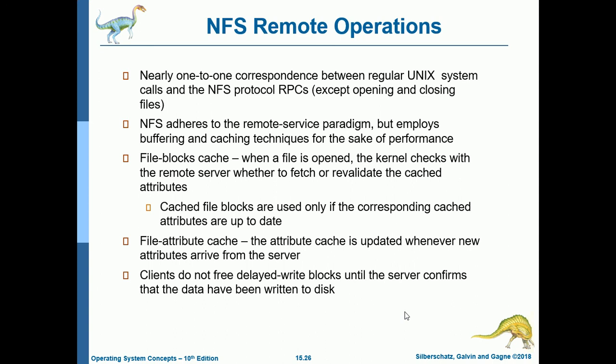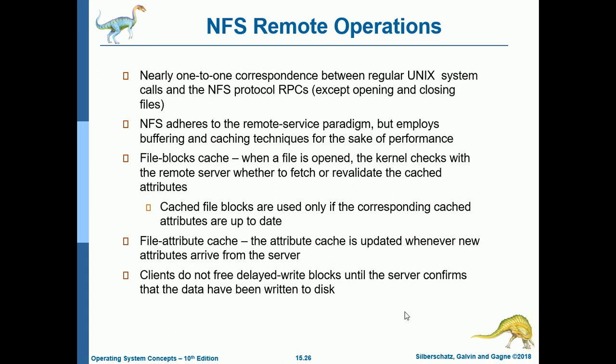NFS adheres to the remote service paradigm, but employs buffering and caching techniques for the sake of performance. For the file blocks cache, when a file is opened, the kernel checks with the remote server whether to fetch or revalidate the cached attributes. These cached file blocks are used only if the corresponding cached attributes are up to date.